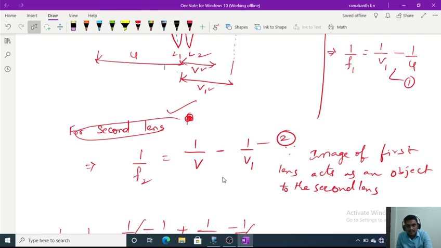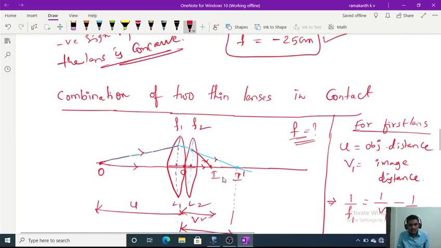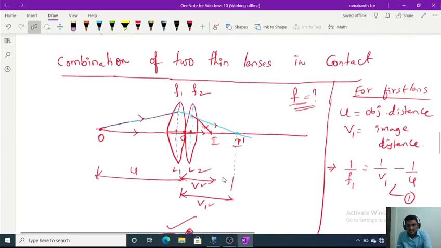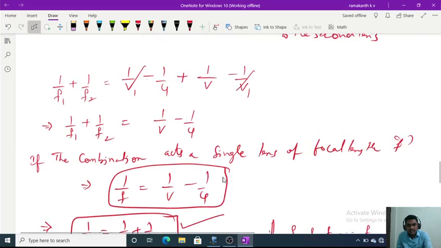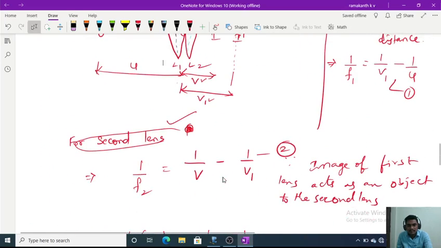Remember one point here: the image of the first lens acts as the object for the second lens. That is why, in place of the object distance, I am writing v1 here.